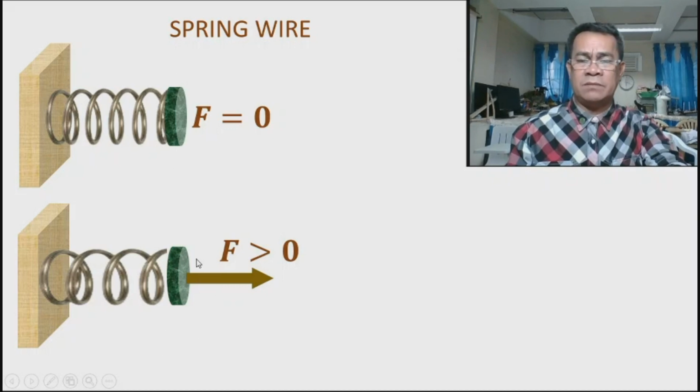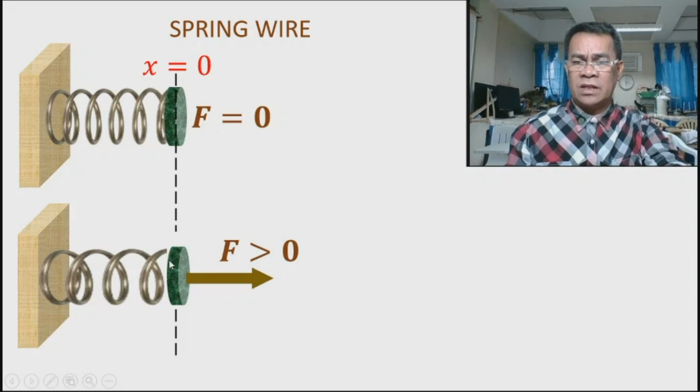So what will happen if you apply a force on the spring, let us say moving towards this direction? Call this a positive force, and let us say this is our positive x. So applying a positive force, F is greater than 0, the spring will be stretched.